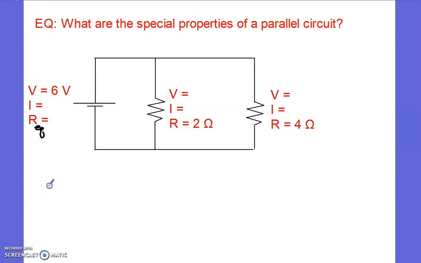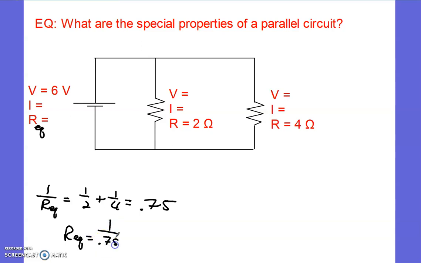Okay, welcome back. Again, we're going to take the inverse of the equivalent is equal to 1 over 2 plus 1 over 4. This comes out to be 0.75. Again, that is not my equivalent resistance, though. The equivalent resistance is going to be the inverse of the 0.75, which comes out to be 1.3 repeating.